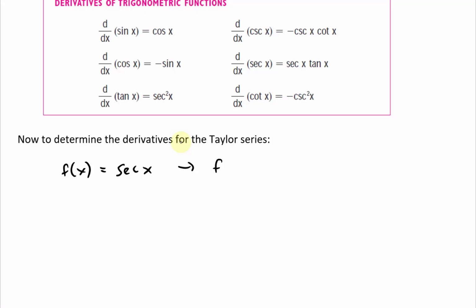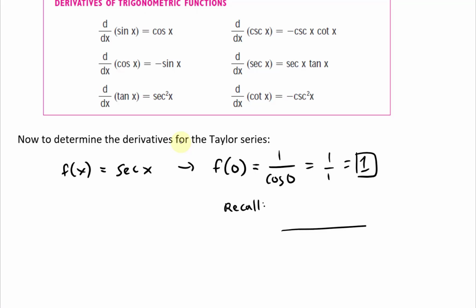When we plug in for the Maclaurin series, we need f of 0, so the derivative at x equals a equals 0. Remember secant is just 1 over cosine, so this equals 1 over 1, which equals 1. And just for completeness, recall cosine looks like this.